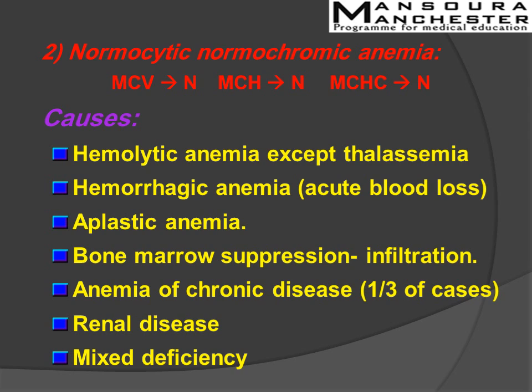Bone marrow infiltration by leukemia, lymphoma, or multiple myeloma. And oppositely, we have bone marrow suppression by chemo or radiotherapy. Anemia of chronic disease is normocytic normochromic in 1/3 of the cases. Renal insufficiency may cause normocytic normochromic anemia due to erythropoietin deficiency. And lastly, we have mixed deficiency.